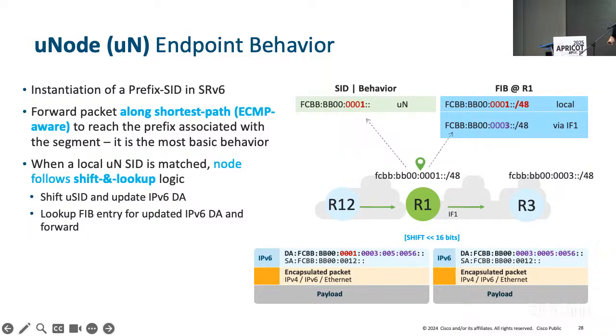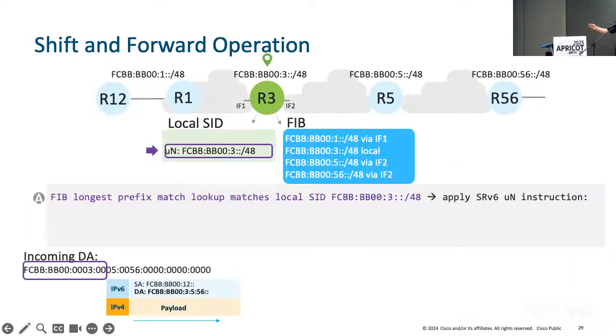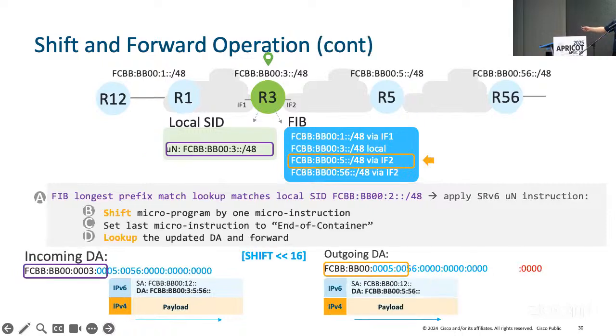What do you mean, shift and lookup? Okay, so here is the story. Let's say I finish the first node, router 1, sending to router 3, and router 3 will do the same function, the same operation again. So what router 3 really does is, once it gets the packet, it says, okay, this is sent to me.